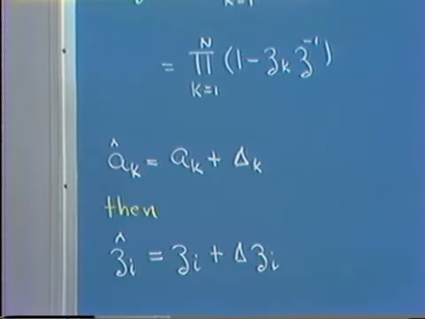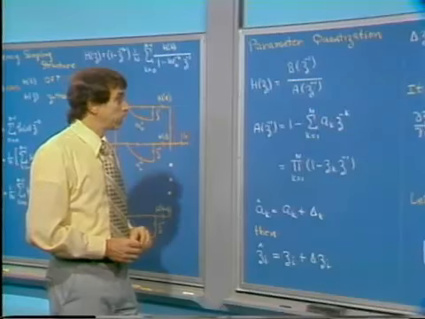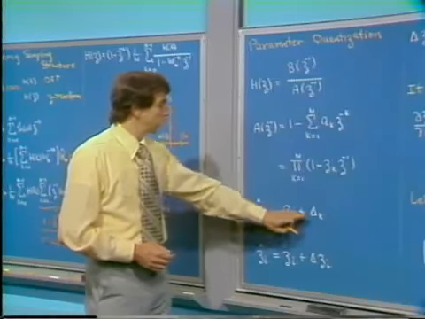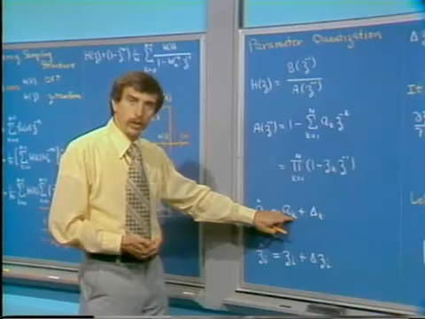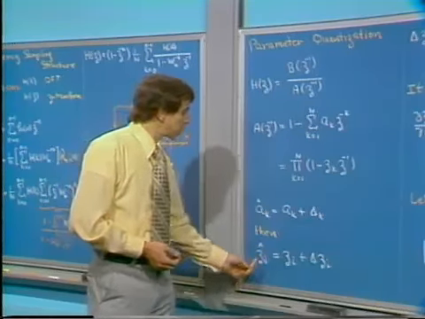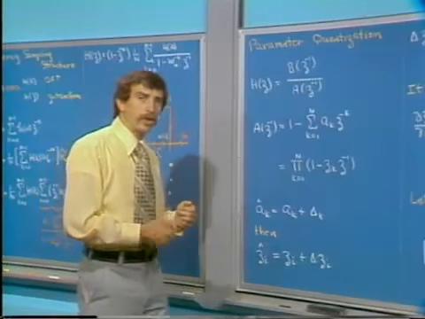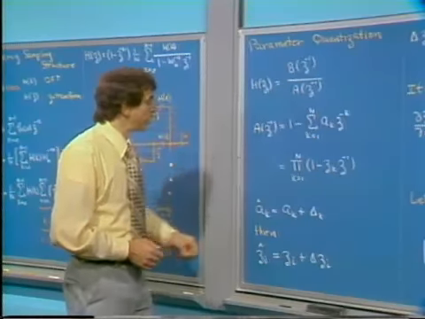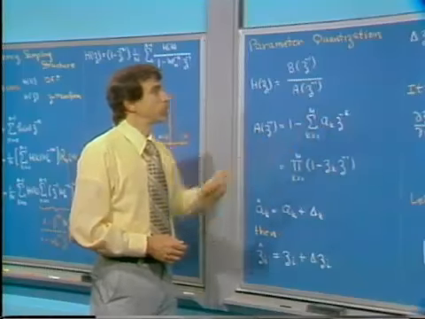Now, we can examine what this deviation is by essentially assuming that the variation in these parameters is small and expressing this error in terms of the partial derivatives of the pole locations expressed in terms of the coefficients a sub k.